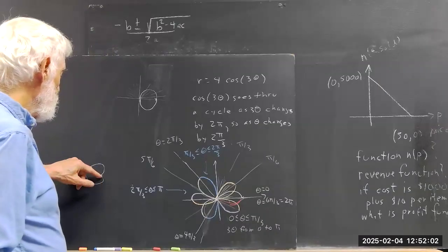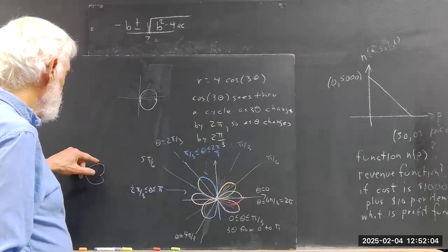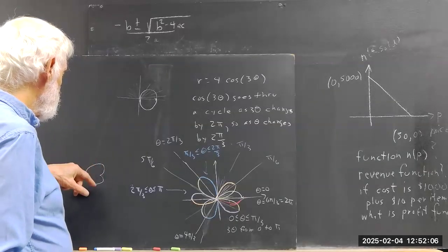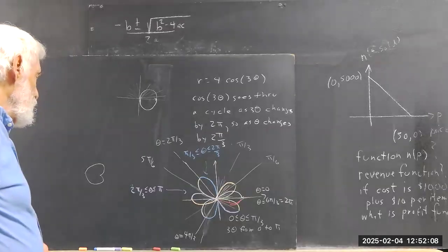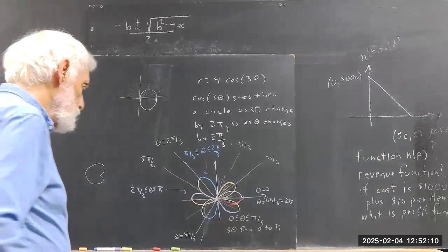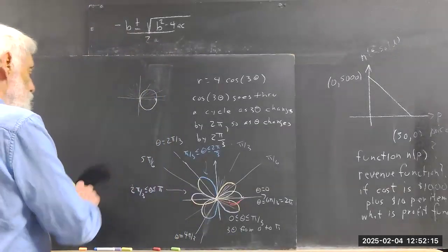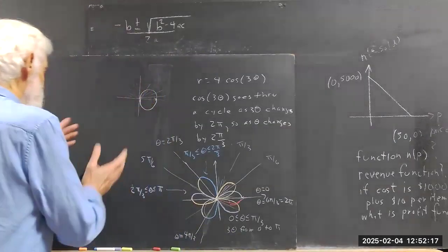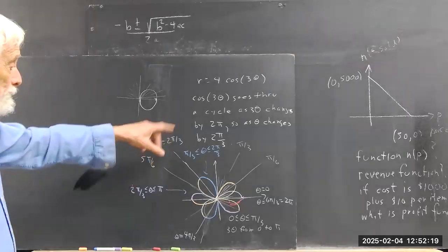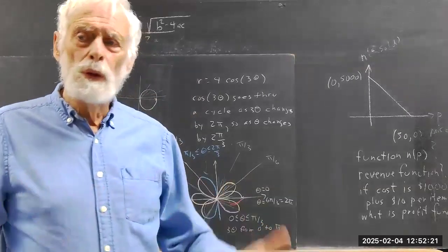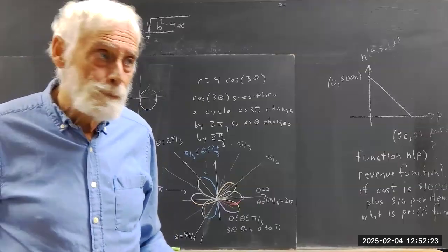But sine goes from 0 to 1 and then back to 0. I think maybe that has the cardioid oriented too quickly, kind of rotated this way. But there we have it. Just one way of thinking about these things.